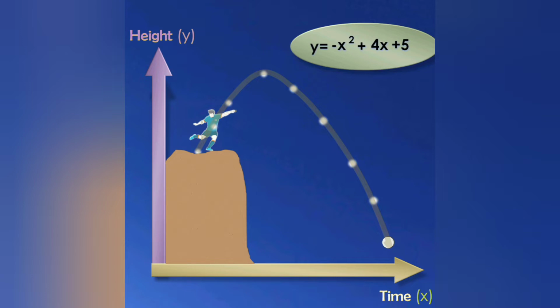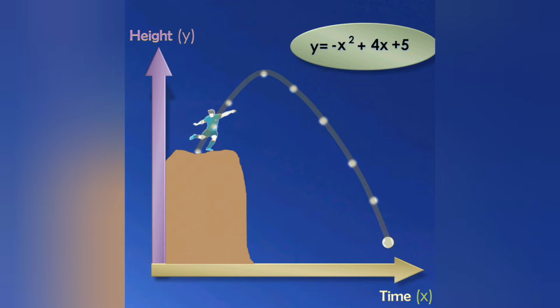So now when you find the solutions to this equation, you will get one or two values of x. These two values indicate the possible values of x at which the ball will touch the ground.